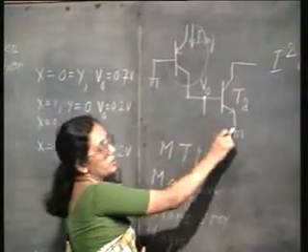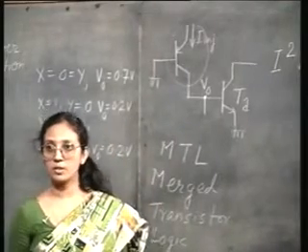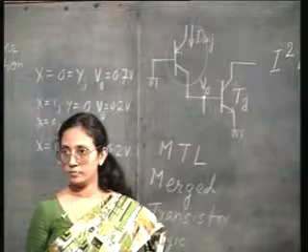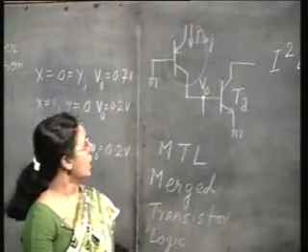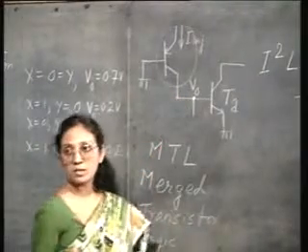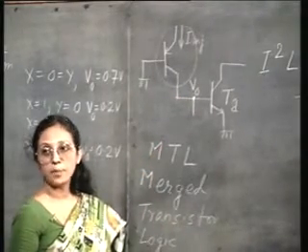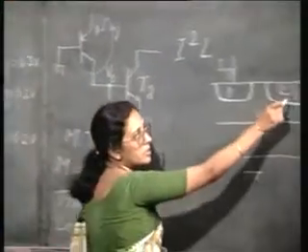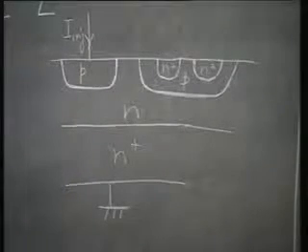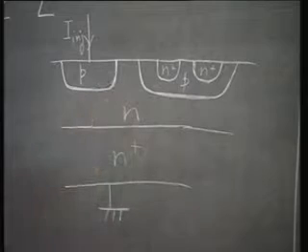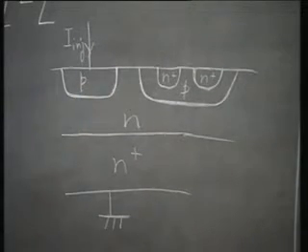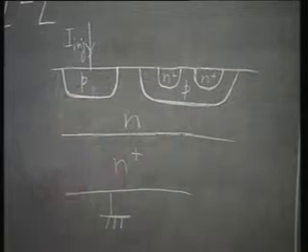Base of the PNP transistor as well as the emitter of the NPN transistor is permanently grounded. And you see the collector of this PNP transistor is also the base of the NPN transistor, and both purposes are being catered to by this P region. So, this is my PNP transistor and this is my NPN transistor.